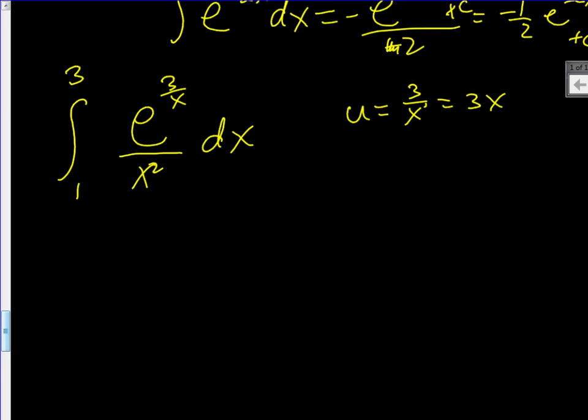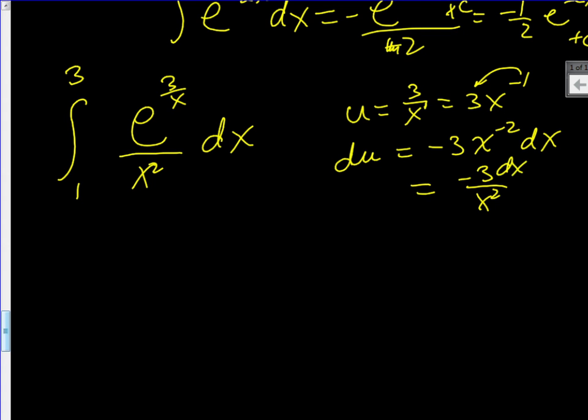Well, that's a 1 in the bottom there, the power, so it becomes negative 1 in the numerator. That will be a friendlier form for me to take the differential. Bring down the constant, make the new power 1 less, times dx. So that's negative 3 over x squared dx.